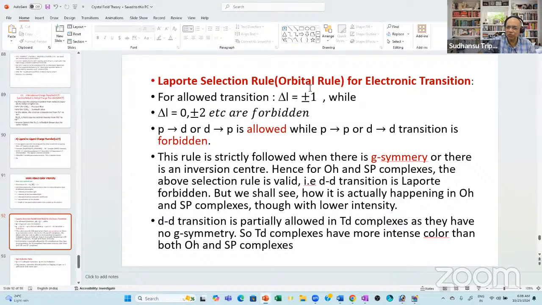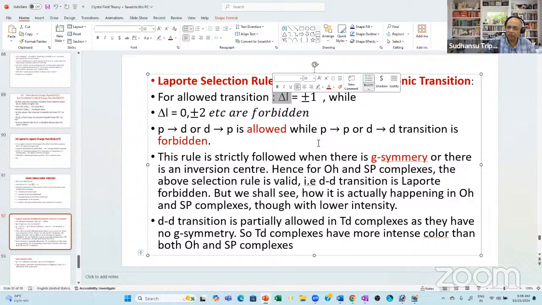So I have already told you that absorbance, the forbiddenness and allowedness, is governed by two rules. One is the Laporte selection rule, that if delta L is plus minus 1, P to D, S to P, they are allowed, but P to P, D to D, they are forbidden. And this rule is strictly applicable for those having g symmetry, octahedral field or square planar.